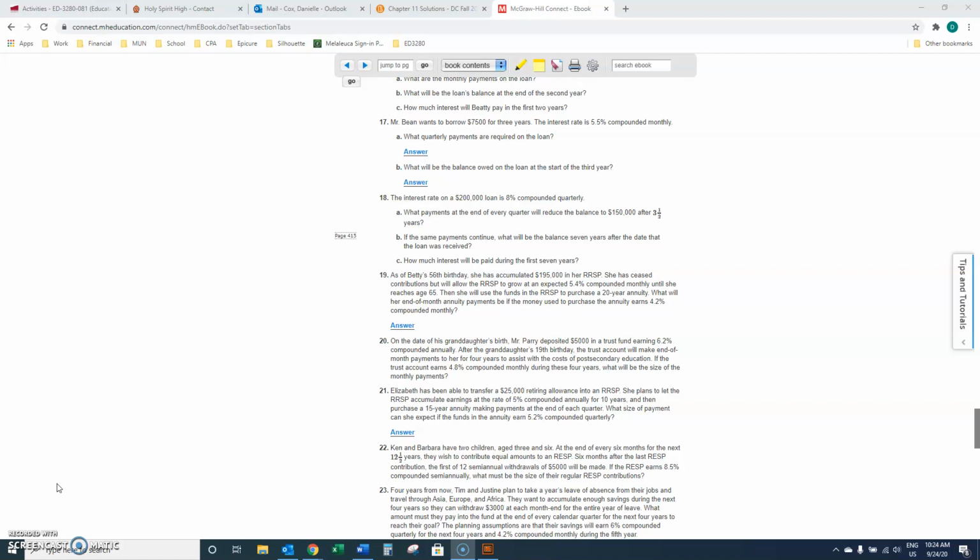Then she will use the funds to purchase a 20-year annuity. What will her end of month payments be if the money used to purchase the annuity earns 4.2% compounded monthly?